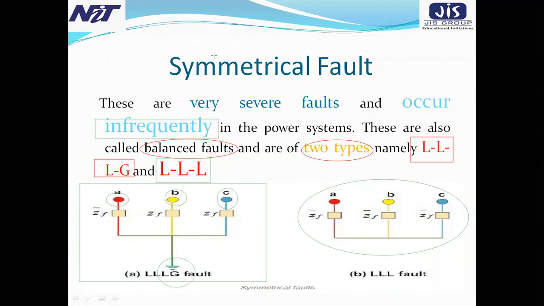can you remember in the last lecture of this subject, I showed you that there are three phases: red phase, yellow phase, and blue phase. If the angle between the three phases is 120 degrees, if they are maintaining 120 degrees apart from each other, this angle is 120 degrees, this angle is 120 degrees, this angle is 120 degrees, then it is a balanced system.